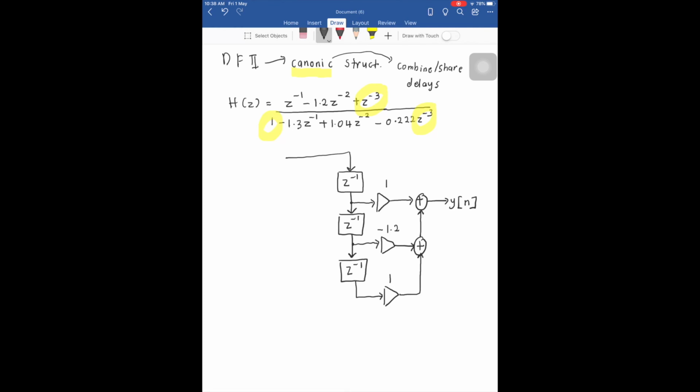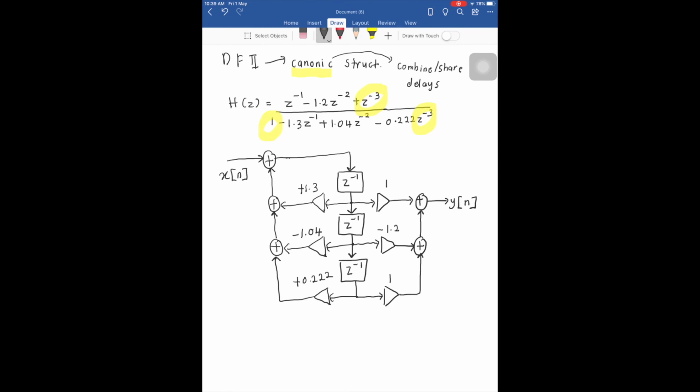Next, after the first delay, the next constant. Done for direct form 2.